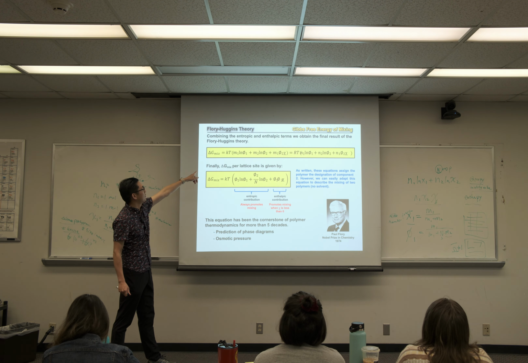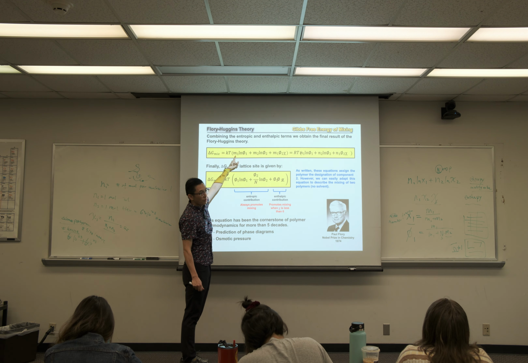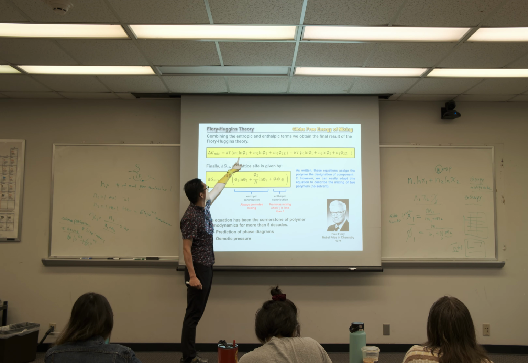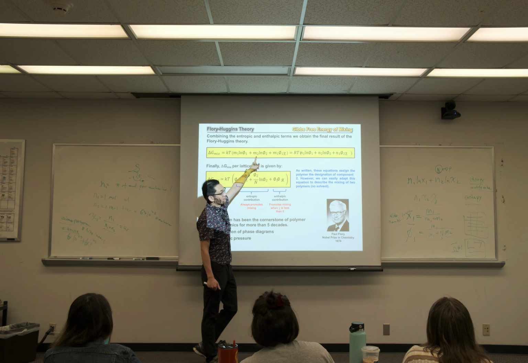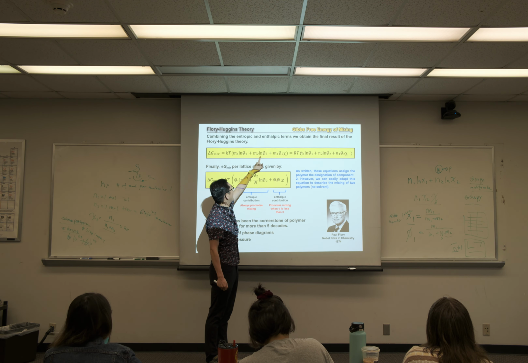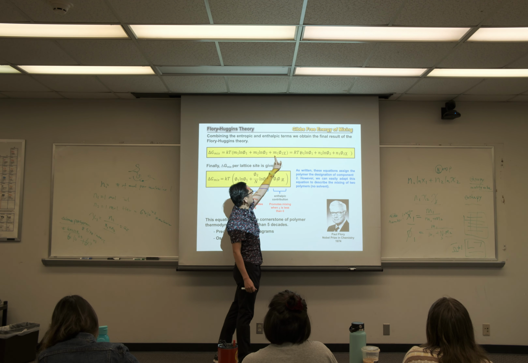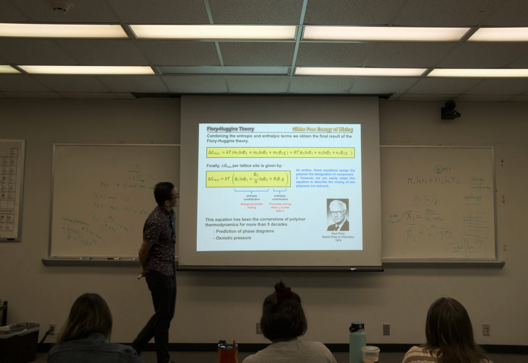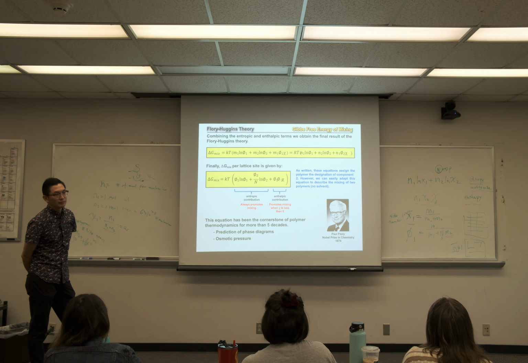Delta G mixing for the polymer will be equal to kT times M1, the number of solvent molecules, times the volume fraction of the solvents, plus the number of polymer chains times the volume fraction of polymer chain, and again, number of solvents times volume fraction of polymer, times chi. This is one way you can write it.